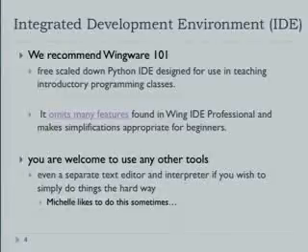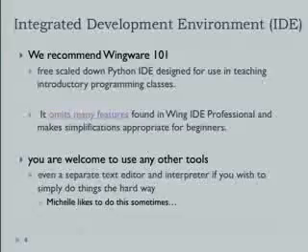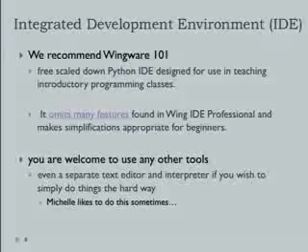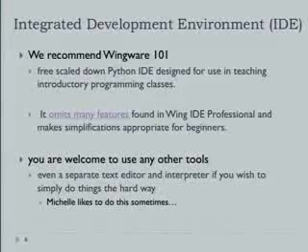So we recommend WingWare 1.1 because it's free, scaled down and very simple. You are welcome to use anything else, so long as you can make sure that your program, when submitted, works. The automatic marker causes a lot of pain every year because people are not used to being that precise.